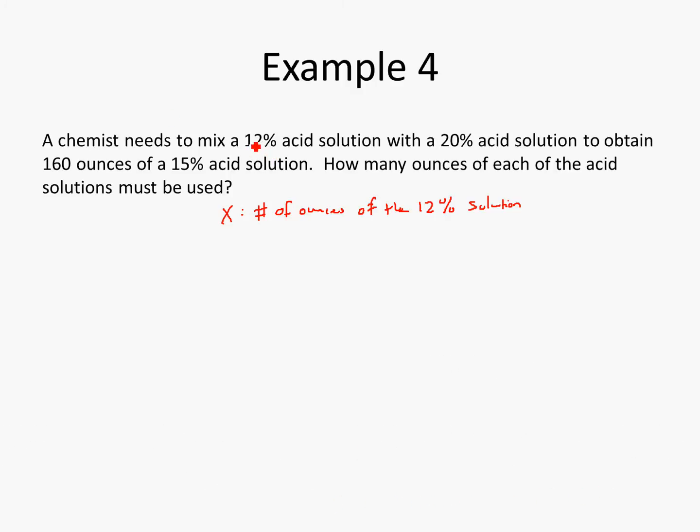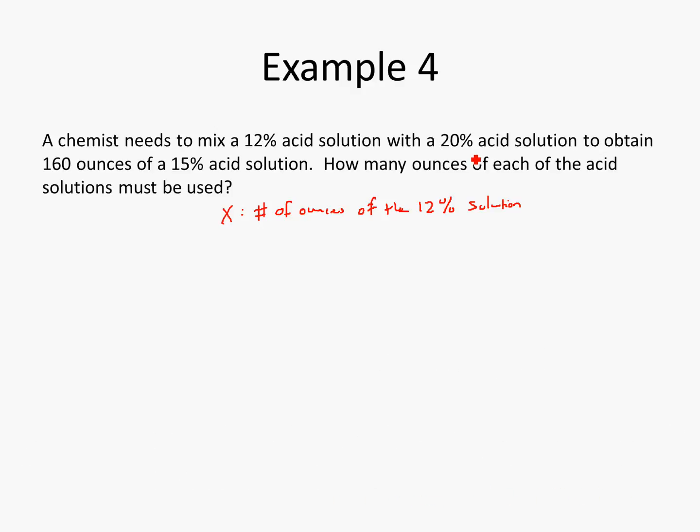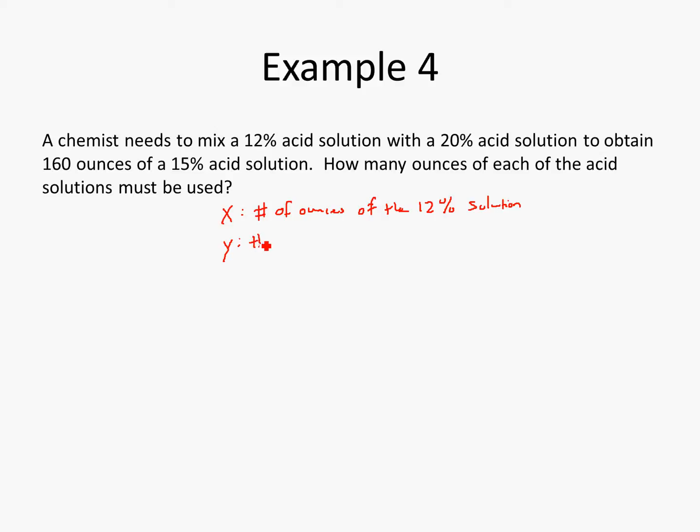We're going to mix some amount of 12% solution, and a different amount of 20% solution, and when we're done, we want 160 ounces, and this concentration needs to be 15%. So X is the number of ounces of the 12% solution. Y is the number of ounces of the 20% solution.